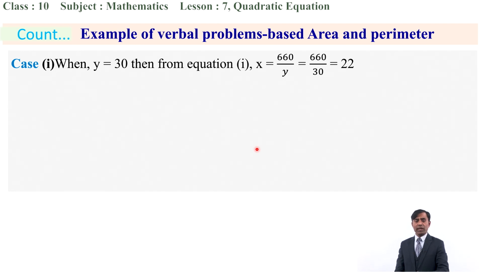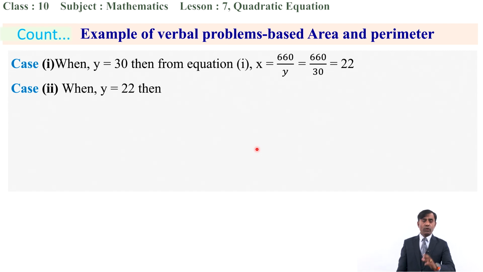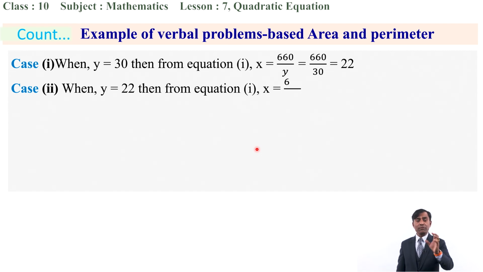Case second, when y is equal to 22, from equation first x is equal to 30. Look, y 30, x becomes 22; y 22, x becomes 30. So x represents the length of the rectangular land and y represents the breadth.